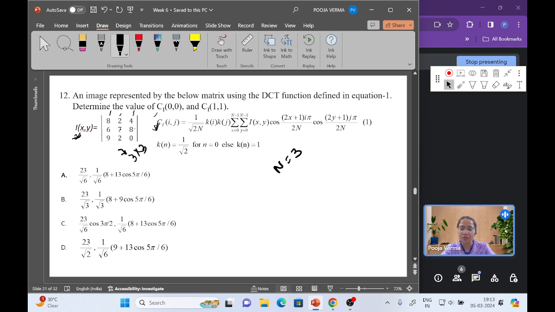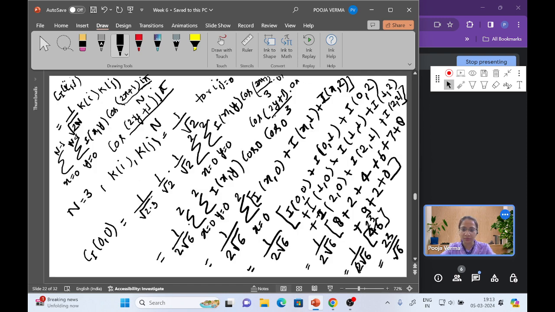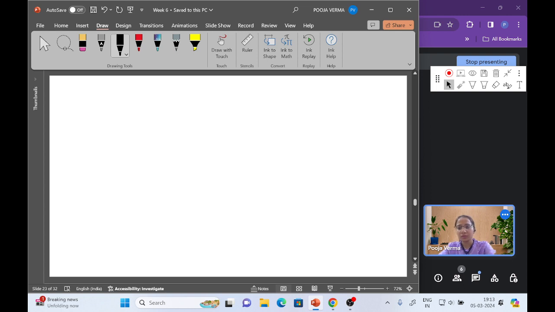Now next we need to find out the value of I11. So again we have to put at the place of I and J, that is 1 and 1. Then we need to solve again like that. Okay, so let's put it here.